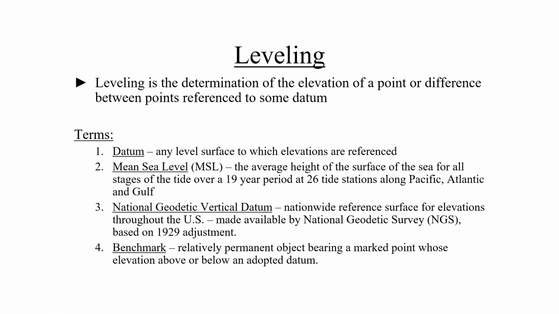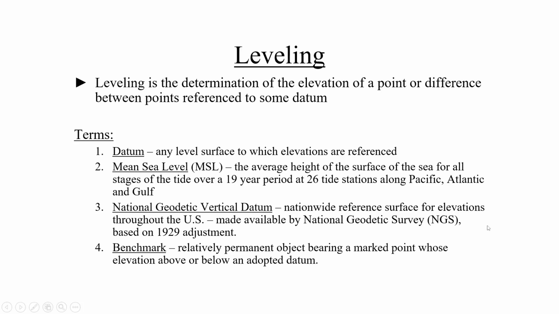In different places we have used different zero levels. In this presentation you can see 26 tide stations along the Pacific, Atlantic and Gulf of Mexico for the United States of America. Then from these different vertical datums, we can choose one, for example, the National Geodetic Vertical Datum.